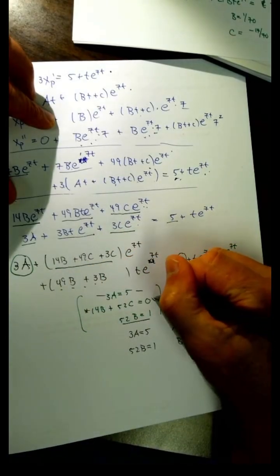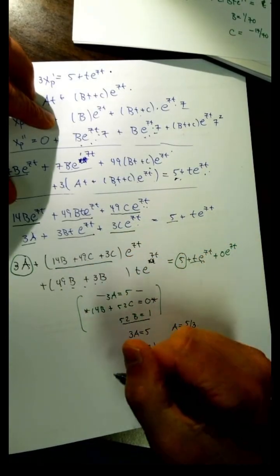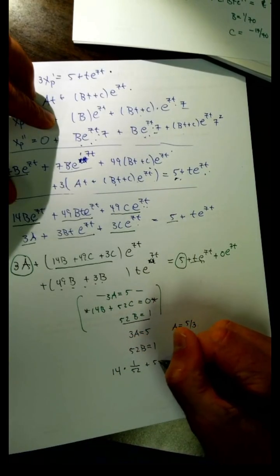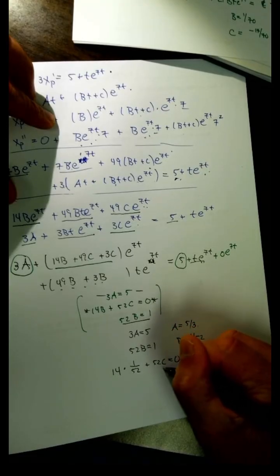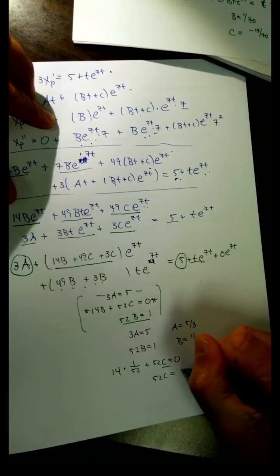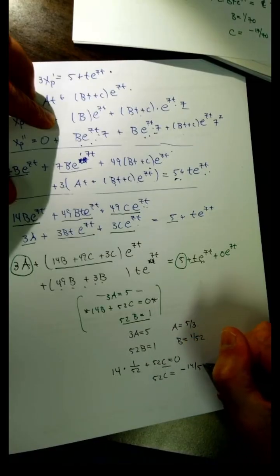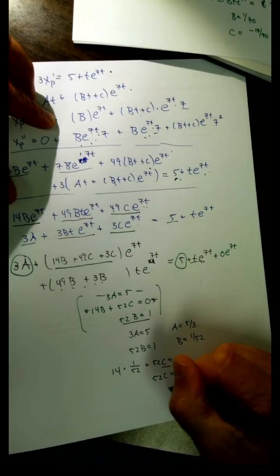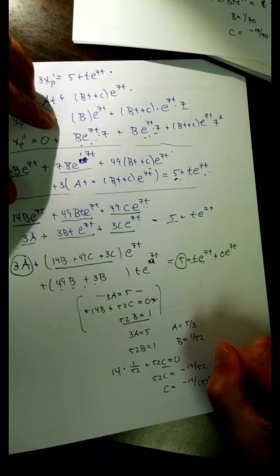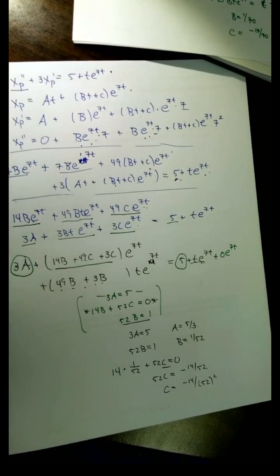And now it leaves the one hard one. So I have 14B, B is 1 over 52, plus 52C is 0. I'm after the C. So let me subtract 14 over 52 from both sides. So C is minus 14 over 52 squared.